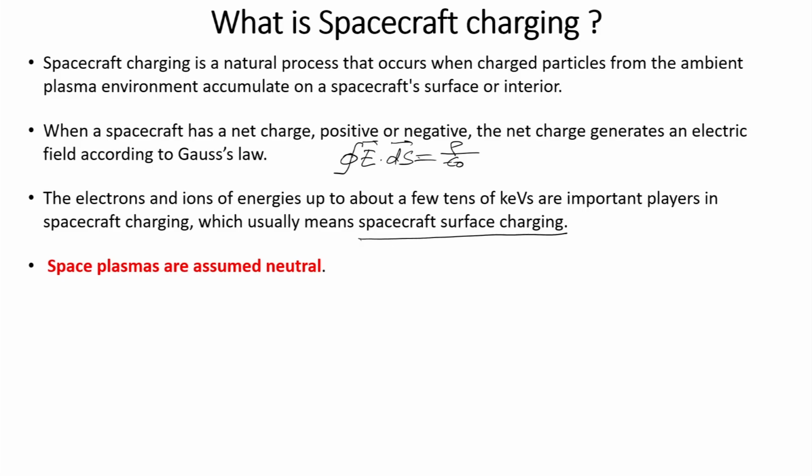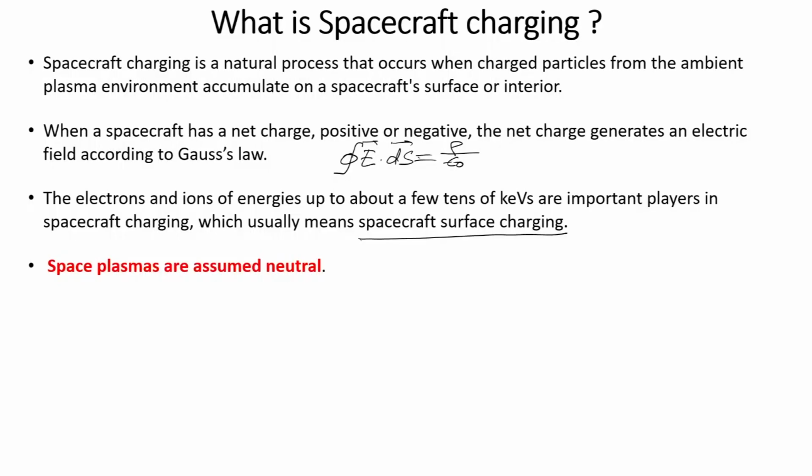Of course, when it goes to hundreds of kilo electron volts, it can give rise to internal charging also. It will not restrict itself to the surface, but it can penetrate the spacecraft dielectric. It can be the dielectric associated with the circuit, or a thermal control system or thermal insulator. We will see all those things.